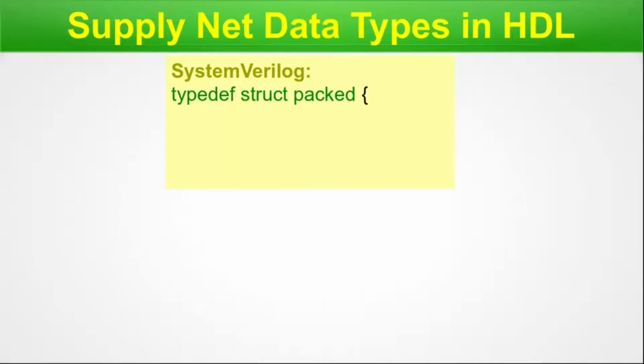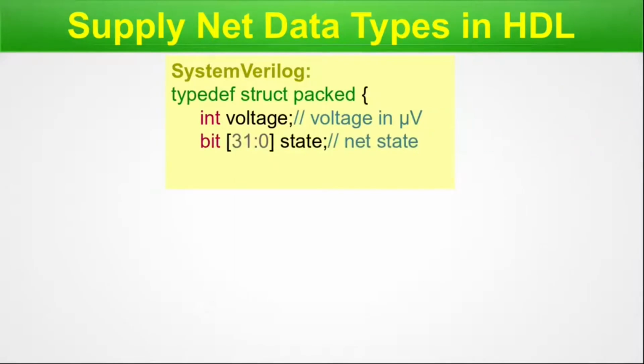Typedef struct, then we have int voltage and bit state, and then we close it. It has the name supply net type. So it's a data structure that is well known to us, and the struct keyword is used for defining a structure. So here it is for the System-Verilog.